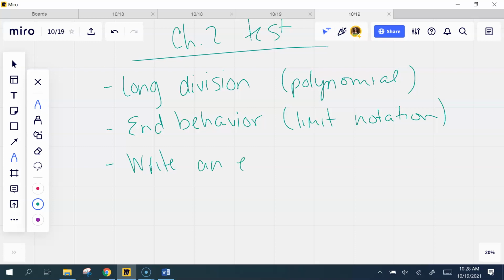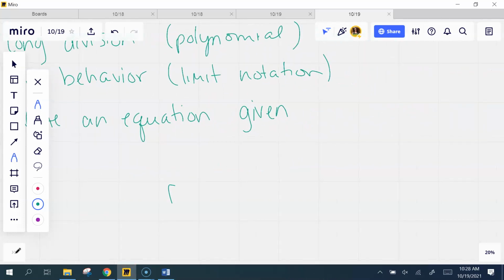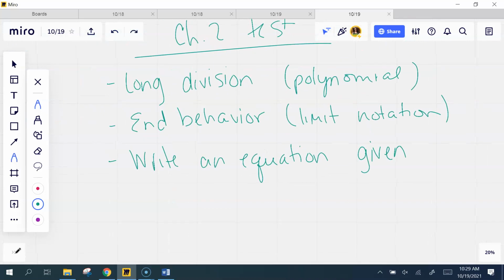Write an equation of a polynomial given factors. So if I told you factors or zeros, if I told you that 5 and 3 plus i are factors of a polynomial, write a polynomial with those zeros.